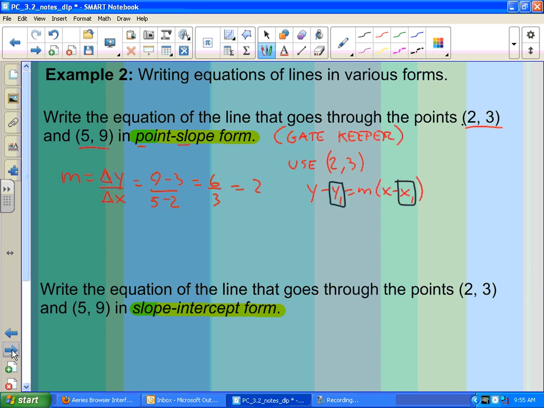So there's my x1, and here's my y1 that I'm plugging in. But the other ones I'm going to leave alone. All right, so we go y minus 3 is equal to 2 times x minus 2. And now you're in point-slope form. That's it. That's point-slope form.